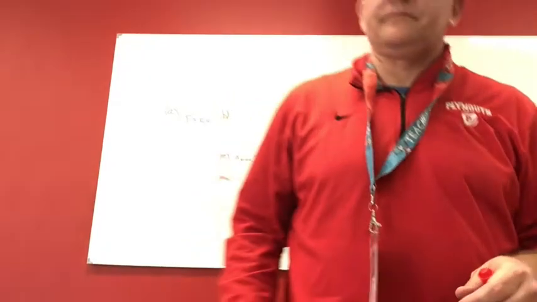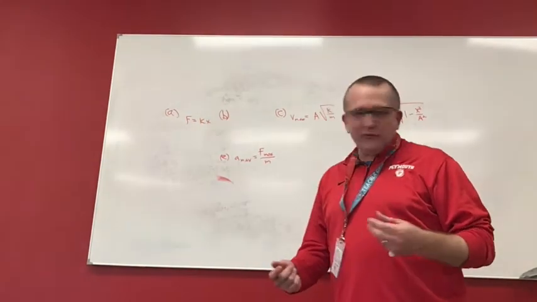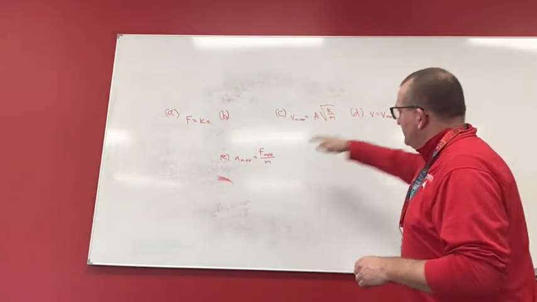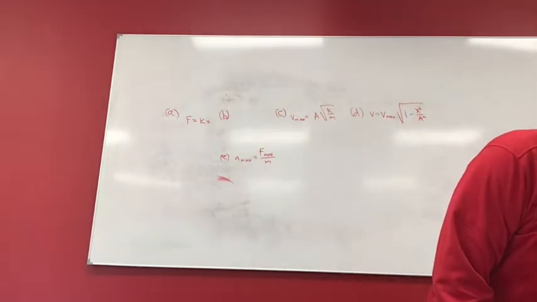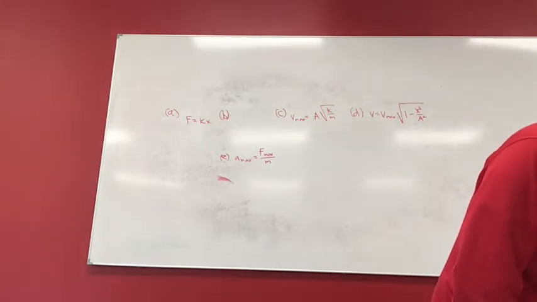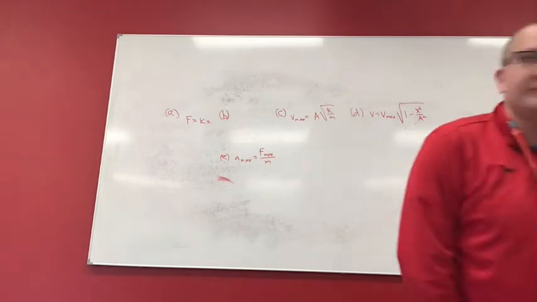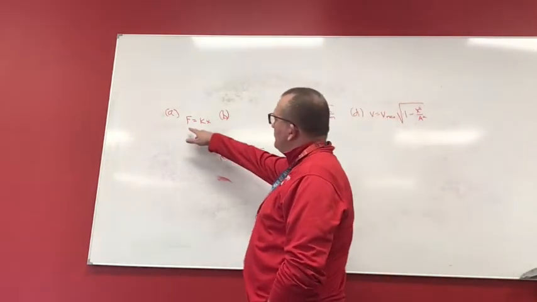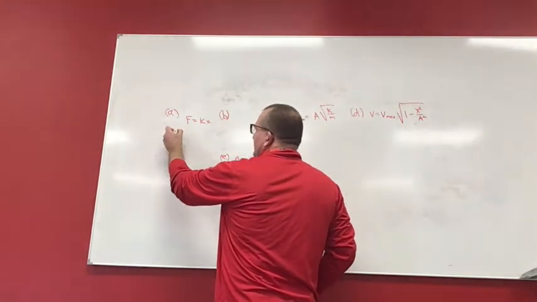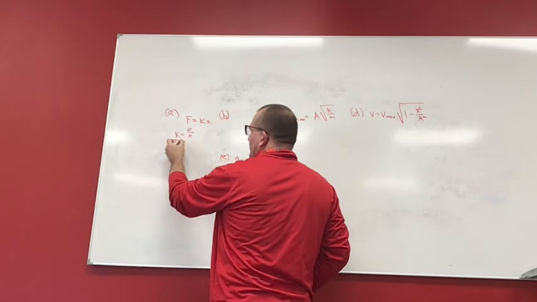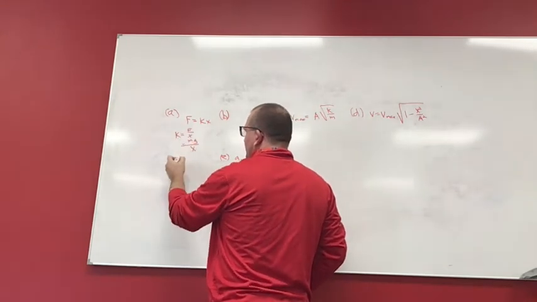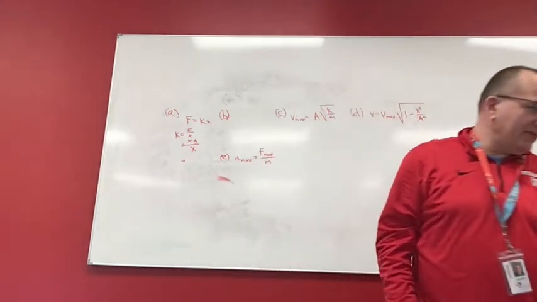Do it now. All right, so I'm going to read through this as I do it, just so you can see where I'm at each step. A, B, C, D, and E, and I have formulas up there. So A says we want to find k. We want to solve for k, the constant for the spring. Hooke's law: force equals k times x. I want to solve for k. So k is equal to force over x. Force is just mass times g, over x. So now we'll substitute everything in.